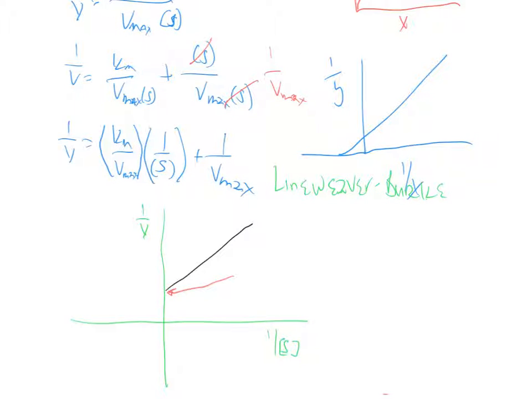So the y-intercept there, which is, y equals mx plus b, the b is equal to 1 over Vmax. Likewise, the slope, and I deliberately wrote it this way, see it's y is equal to m times x plus b. So the slope of this line, the m part, is going to be the inverse of your specificity constant.